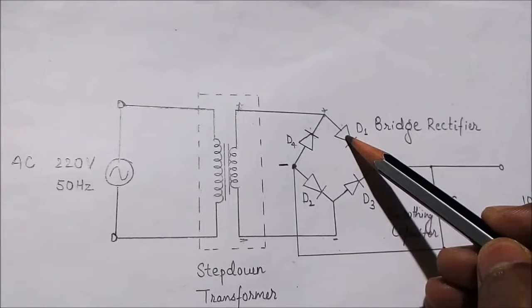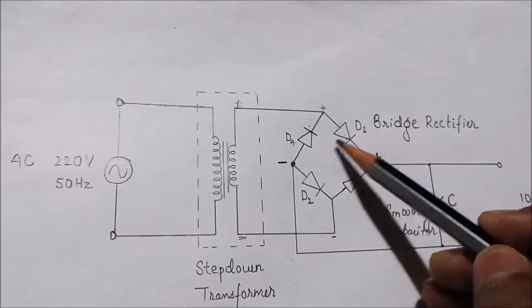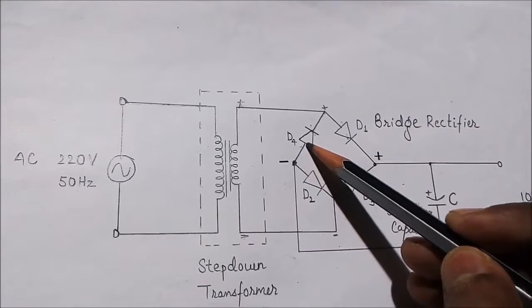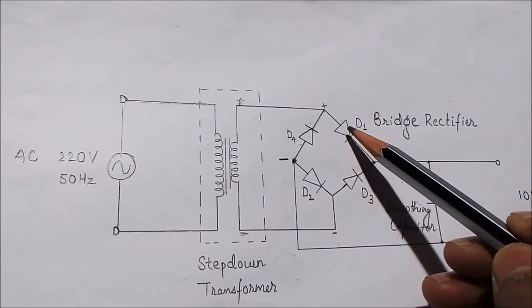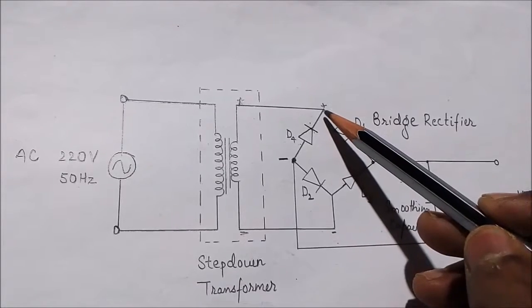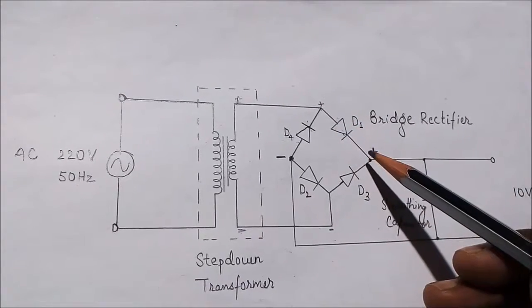So diode D1 is in forward bias and diode D4 is in reverse bias configuration. By this, diode D1 will allow the current to pass through it.